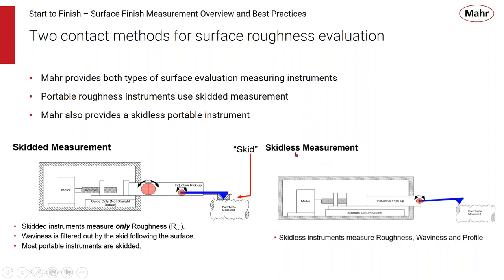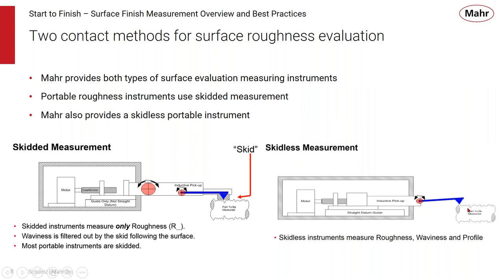Now we also have a skidless type of measurement. This is where you have a precision datum guide inside the drive system, and the probe itself, the very fine stylus, is moved over the parts. So now, compared against that straight datum, this skidless system can measure roughness, waviness, and profile.